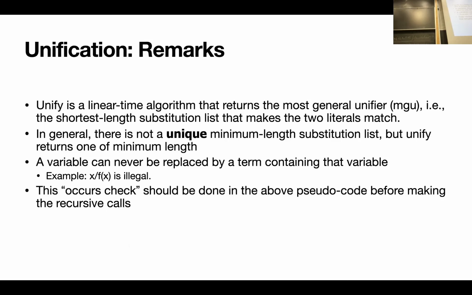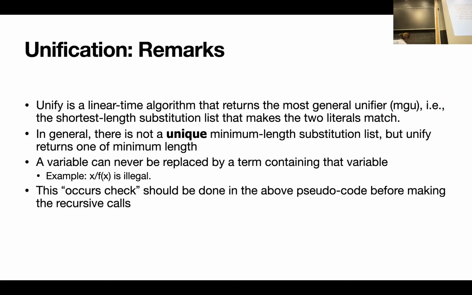In general, what's very nice about the unification algorithm is that it runs in linear time. And it does find the most general unifier, MGU, which is the shortest length substitution that makes two literals match, meaning the smallest number of substitutions, but also the most general ones in terms of how bound they are.